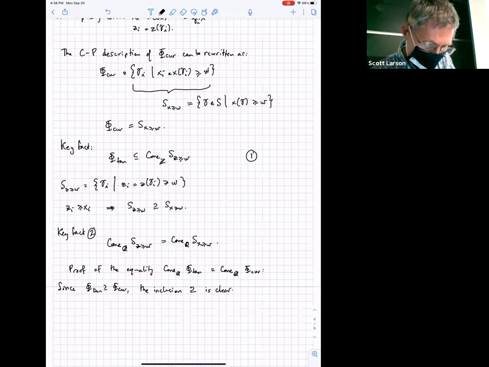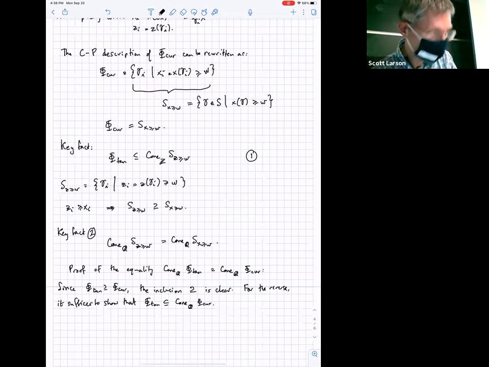But for the reverse inclusion, it suffices to show that phi tan is contained in the cone over Q of phi cur, right? Because then that would prove the reverse inclusion. Once this subset is contained, then its cone is contained in the subset.